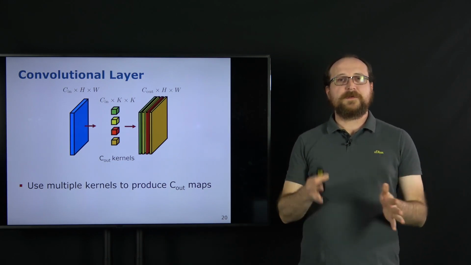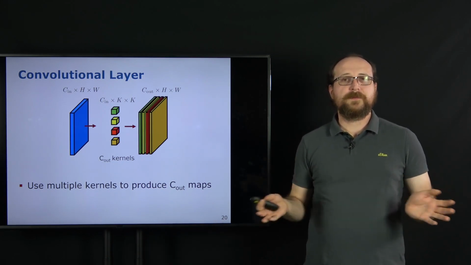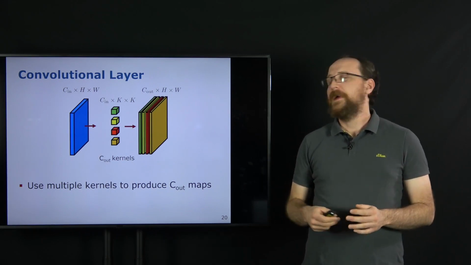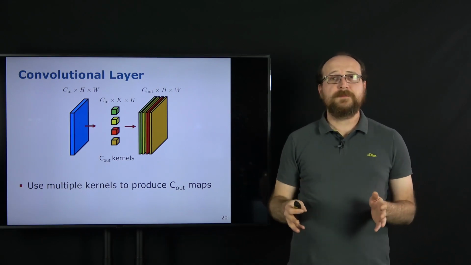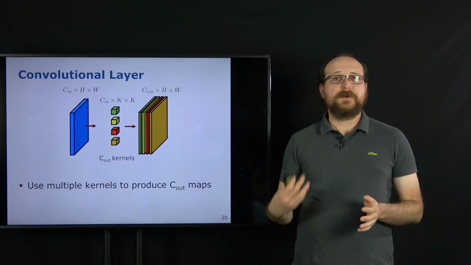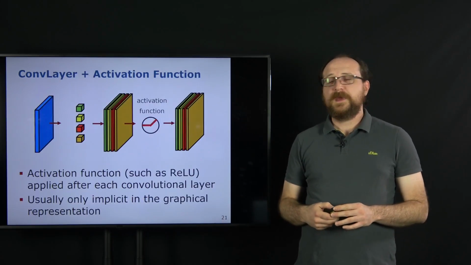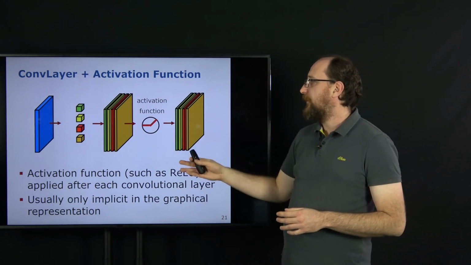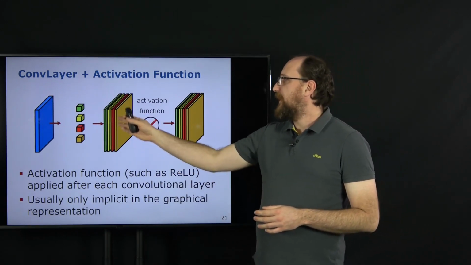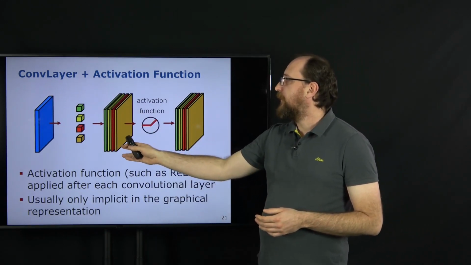Since we now have this convolutional layer, one important part of a neural network is that we not only have convolutional layers, but in between we need a nonlinearity. This is called an activation function that is applied element-wise on all elements of the output.